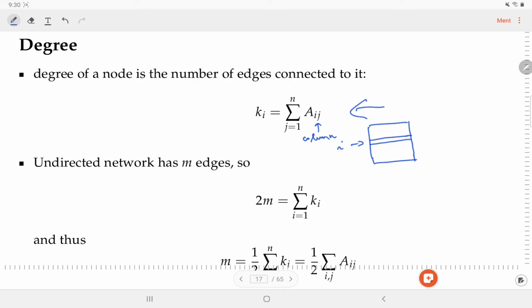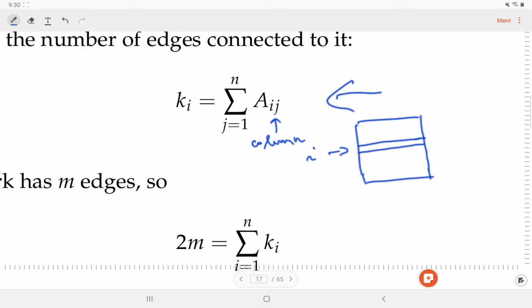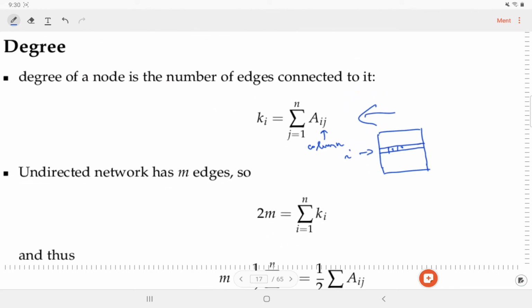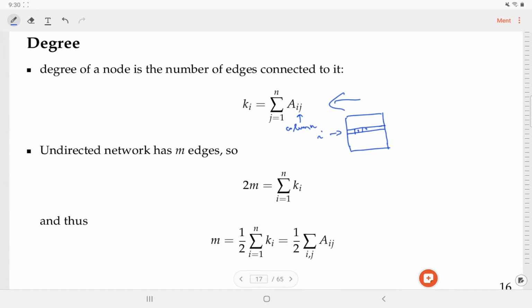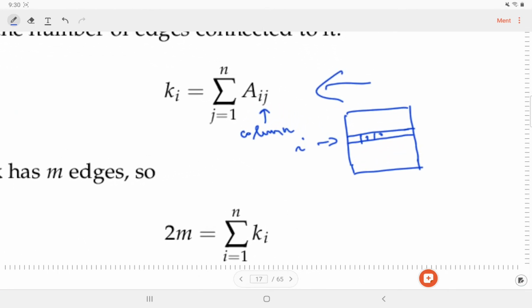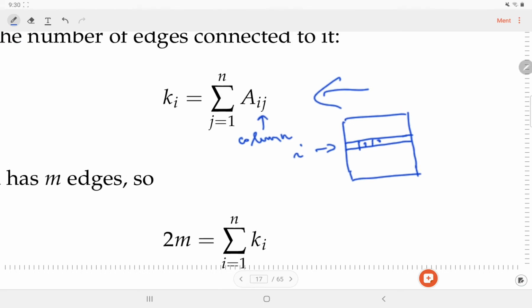Now, in this case, for simplicity, we assume that we have either ones or zeros. Of course, the whole concept works also for weighted graphs. If we have a graph in which the edges are weighted, then this concept of summing the row in the adjacency matrix also works, and with that you get the so-called weighted degree.